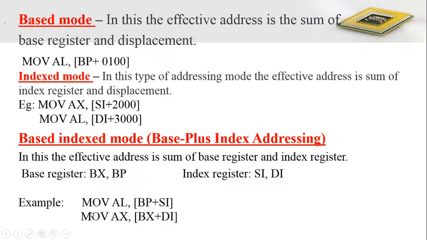So the instruction looks like this: MOV AL, content of BP plus SI. So the effective address, or the offset value or the displacement value, is represented in this instruction as a content of base register plus an index register, and the base registers are BX or BP, index registers are SI or DI.